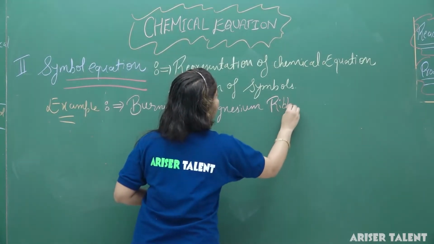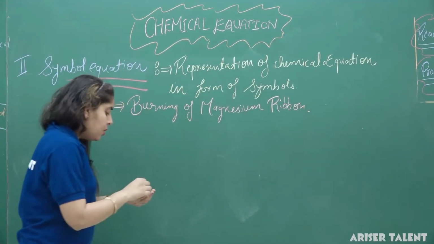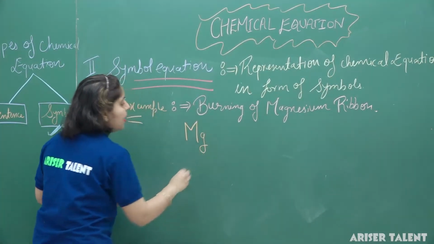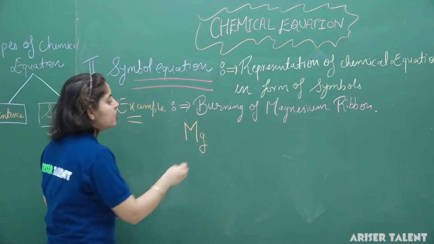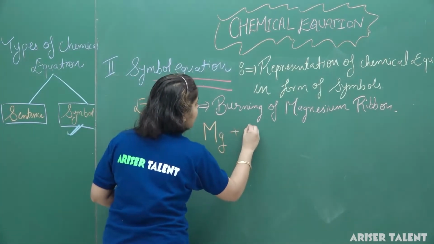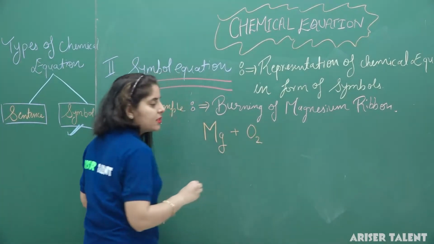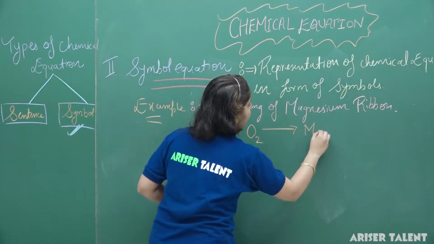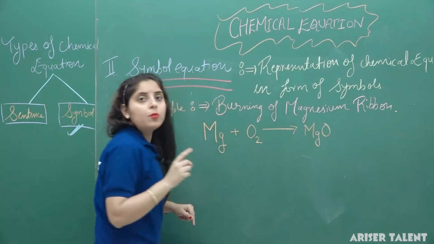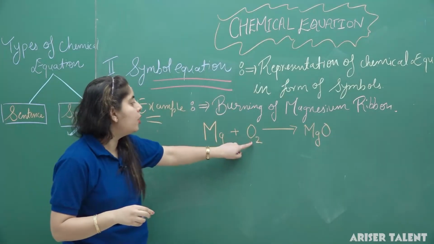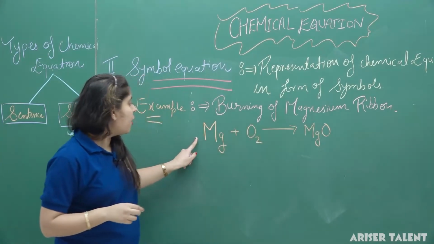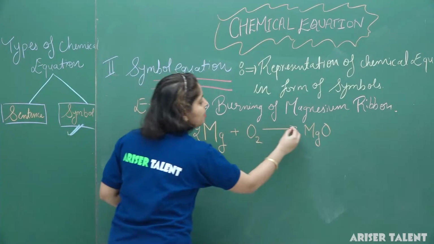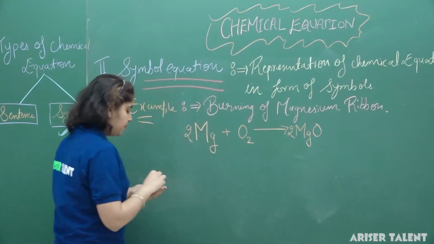Firstly, we take Mg, this is the magnesium ribbon. We burn it in the presence of oxygen, and we get MgO. For balancing this equation, we have two atoms of oxygen but only one magnesium here, so we balance the equation by writing 2 there.